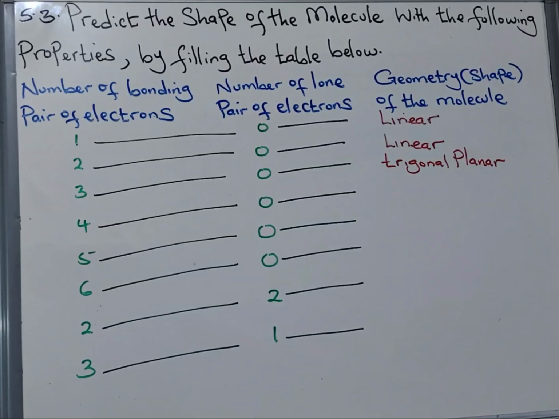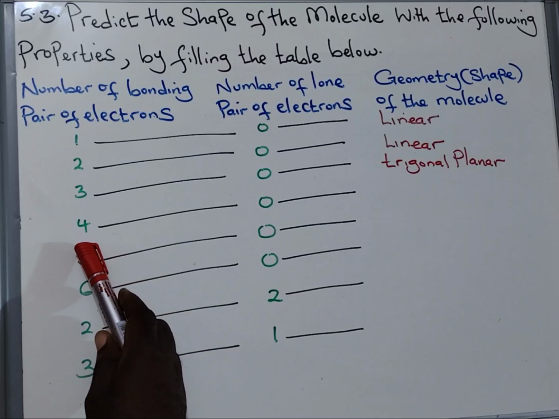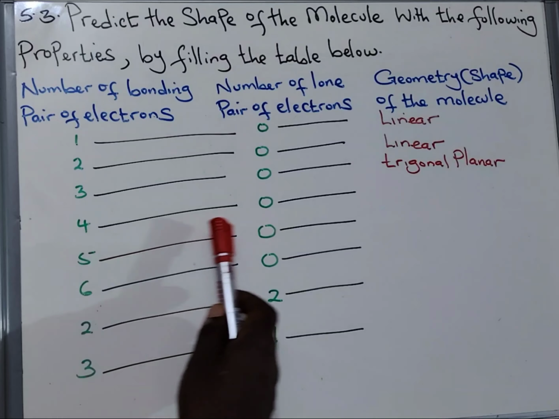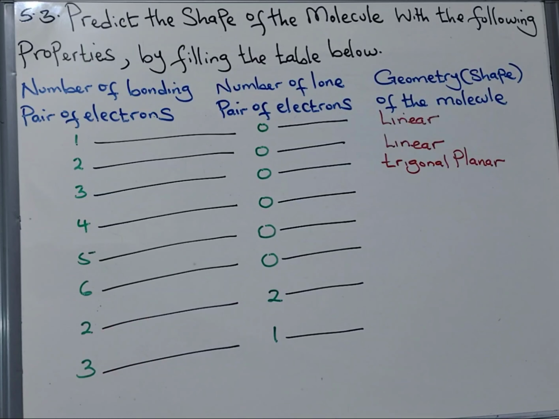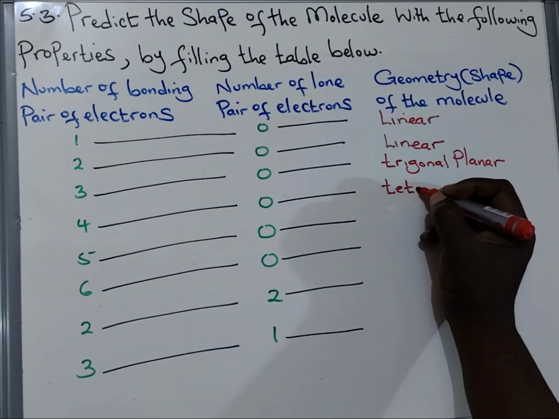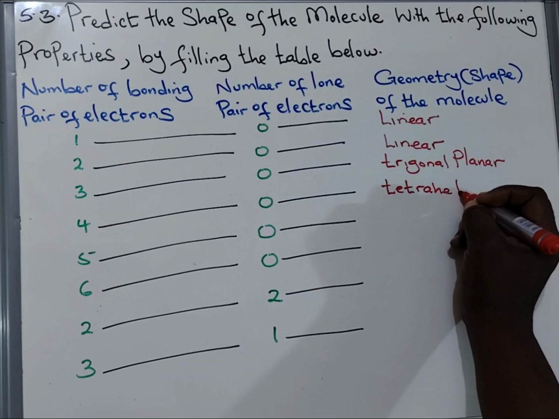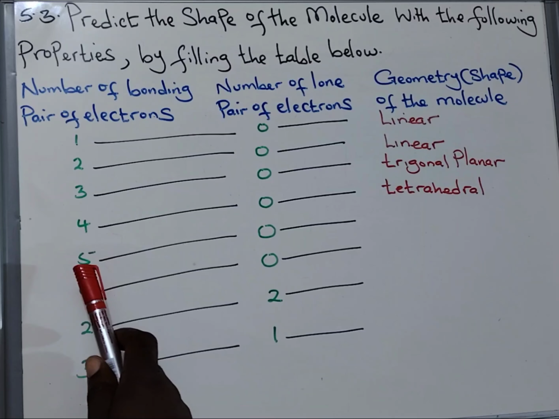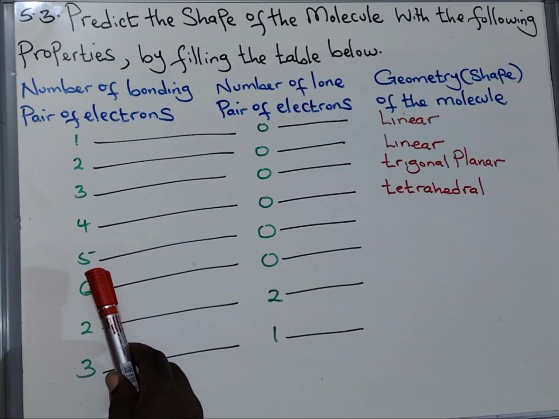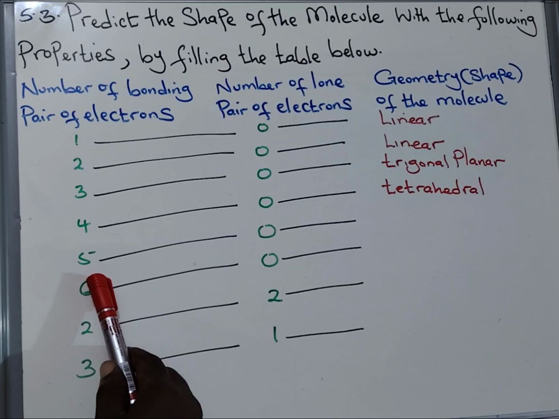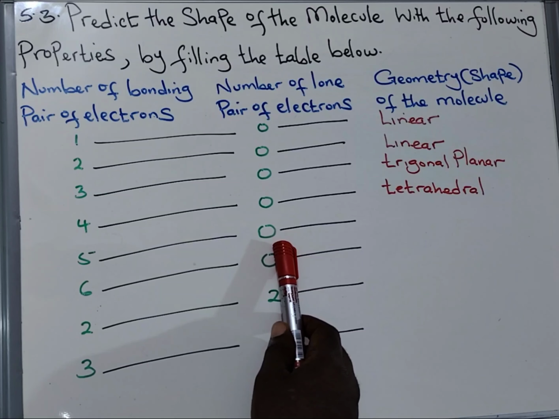Then we come to this one. We have 4 bonding pairs and 0 lone pairs. What shape is adopted under that circumstance? It's tetrahedral. Then we come to this one. We have 5 bonding pairs and 0 lone pairs.